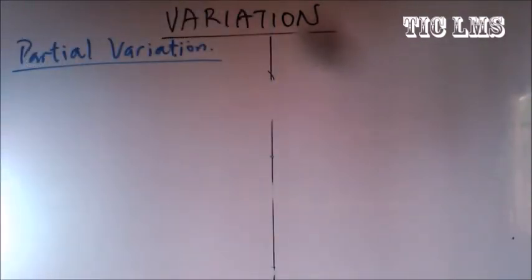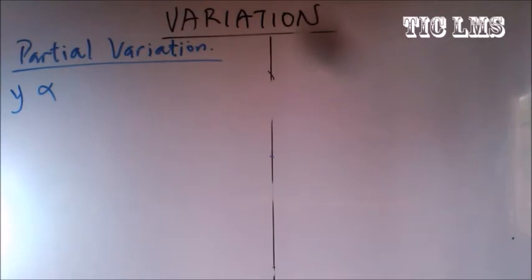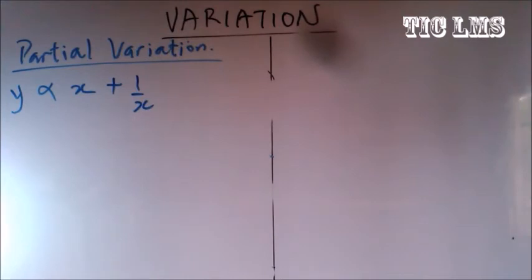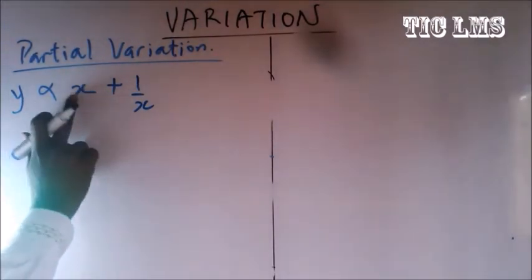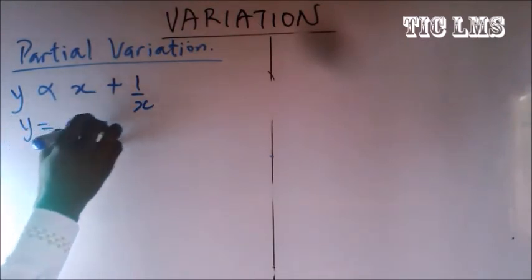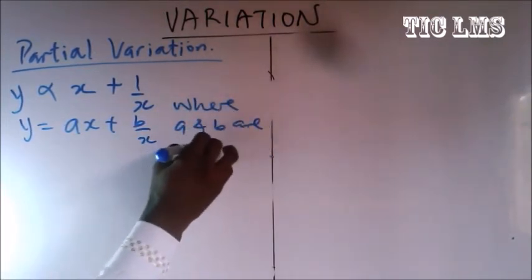Okay, so we're told that Y varies as the sum of 2 quantities, one of which varies directly as X and the other inversely with X. So Y varies directly as X and also varies inversely with X. Now what we are going to do here is to introduce 2 constants, a constant with this first X and a constant with this inverse of X. So we have it as Y equal to AX plus B over X, where A and B are constants.